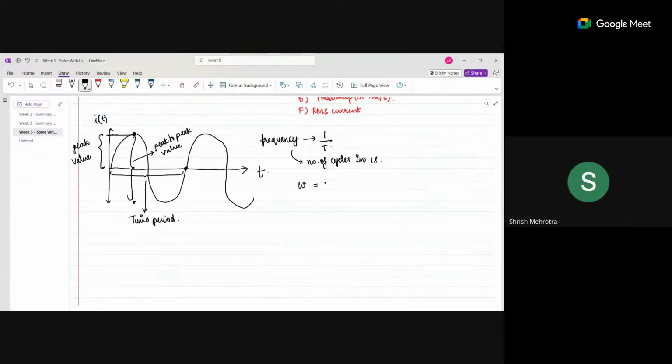Omega is 2 pi f, or 2 pi by T, the angular frequency. Then, as you already saw in the first question, RMS value is nothing but peak value by root 2.